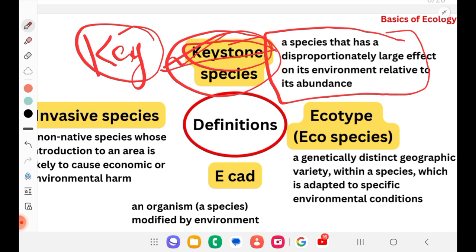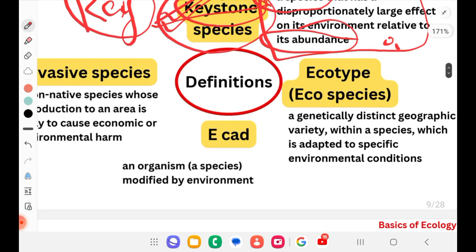For example, take an ecosystem where more tigers are there. If there are more tigers, then they will kill all the deer. So it has a disproportionately high effect on the environment, right? So its abundance will have a high effect. That is said to be keystone species. One such is the tiger, right?